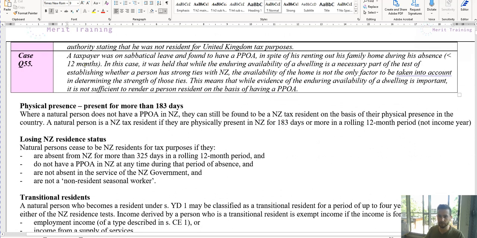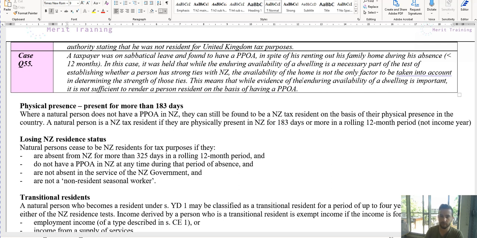Then the final case that we're going to go through is Q55, and this is about a taxpayer who was on sabbatical leave, and they were found to have a PPOA in spite of renting out his family home during his absence, which was less than 12 months. In this case, it was held that while enduring availability of a dwelling is a necessary part of the test in determining whether someone's got strong ties, the availability of the home is not the only factor.